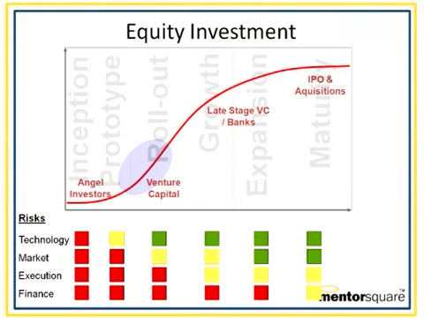So the first one is technology risk. So technology risk is where the concept is still in your head. It's not there in the real world, and therefore people are wondering indeed if this idea that you have will work. So it's still a red at that time.